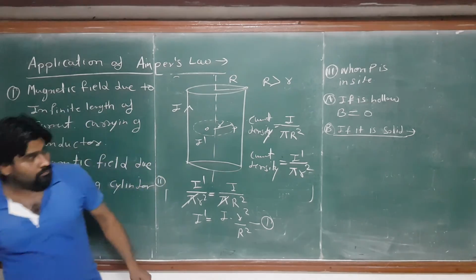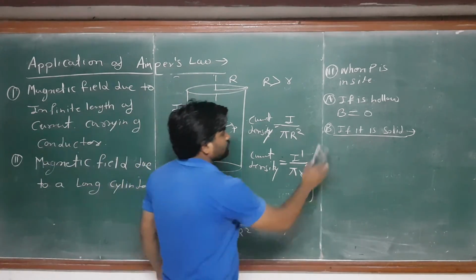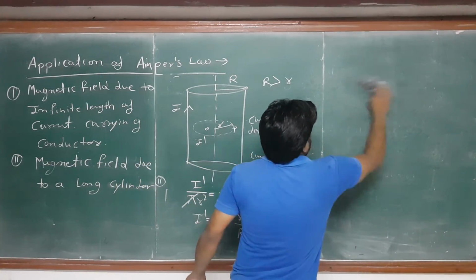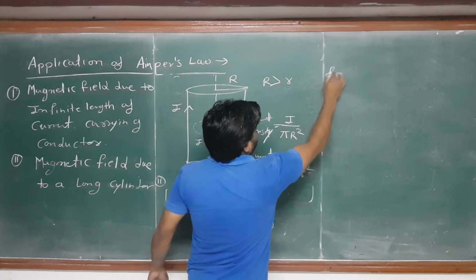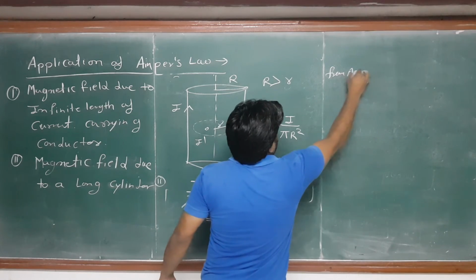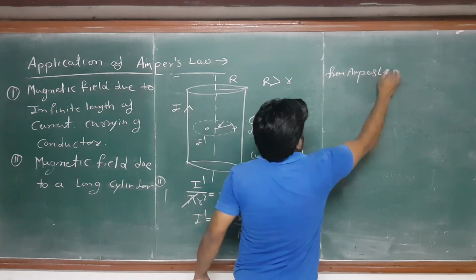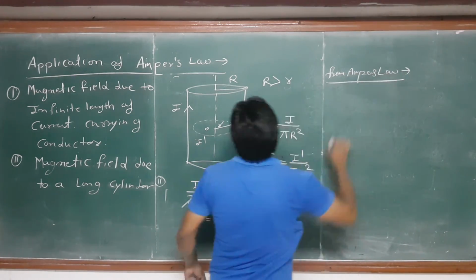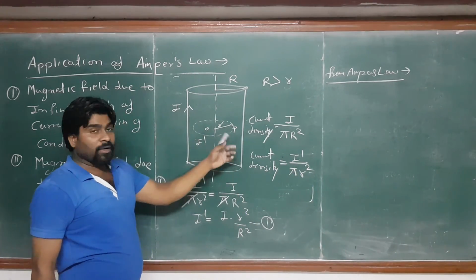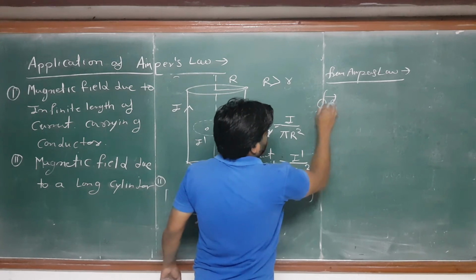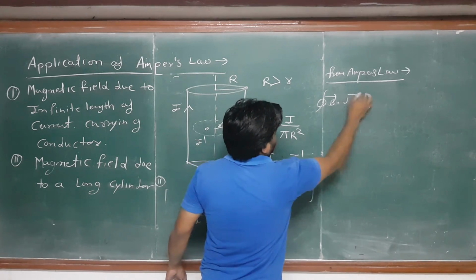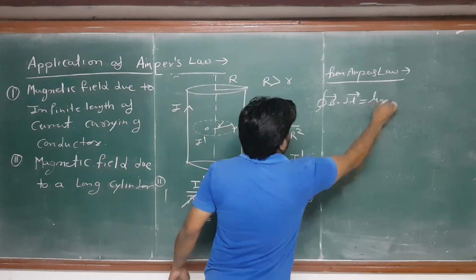So this is one formula. Now move to the next. As I did from Ampere's law, the magnetic field at this point P: the line integration of vector B dot dl is equal to mu naught times the current.